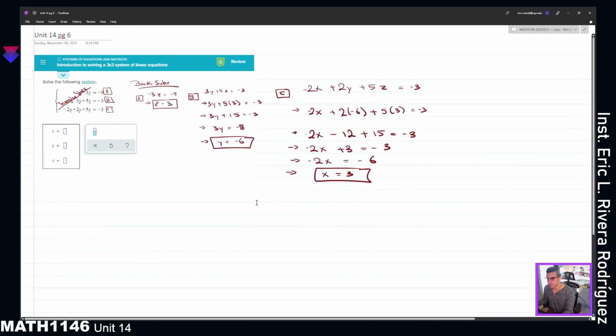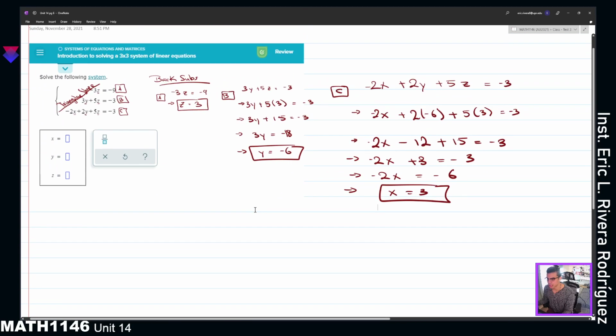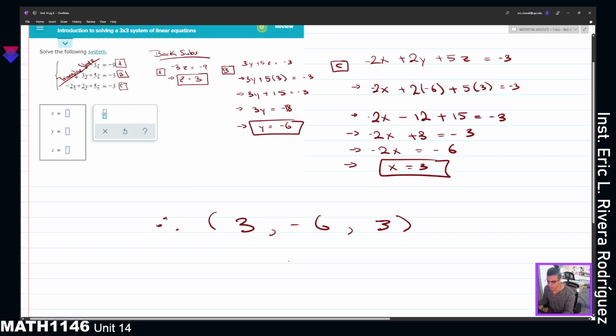So see how easy we did this when we have a triangular shape? So the solution is 3, -6, and 3 again. Okay? Remember, now this is not an ordered pair, this is a triplet where the first value is x, the second value is y, and the third value is z.